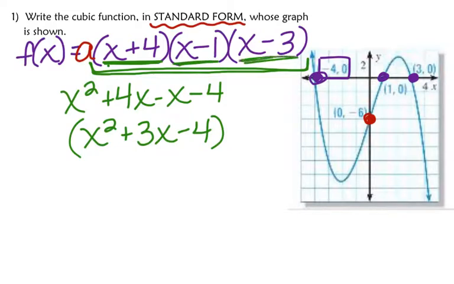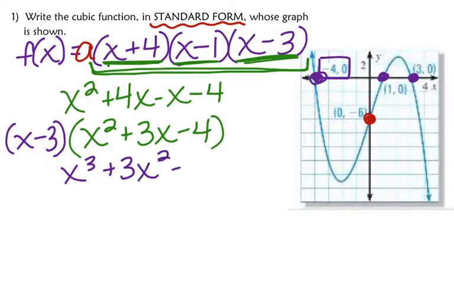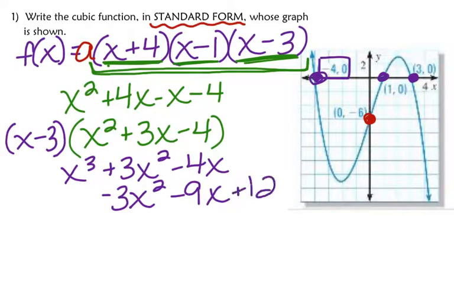Then we'll take this and multiply it by that third factor of x minus 3. If we distribute the x in, we would get x cubed plus 3x squared minus 4x. And then we'll take the negative 3, distribute that in, and we get negative 3x squared minus 9x plus 12.